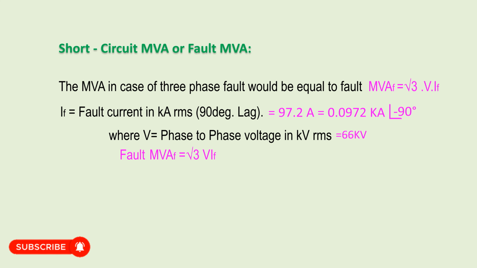So, fault MVA F is equal to root 3 into V into IF is equal to root 3 into 66 into 0.0972 angle minus 90 degree is equal to 11.11 MVA angle minus 90 degree.